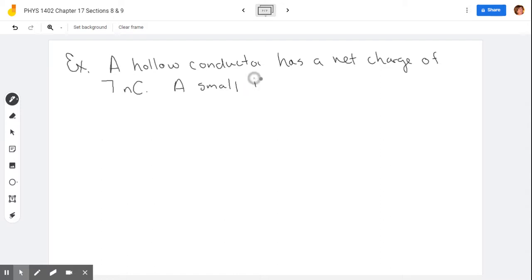A small isolated charge of negative 5 nanocoulombs is inside the cavity.